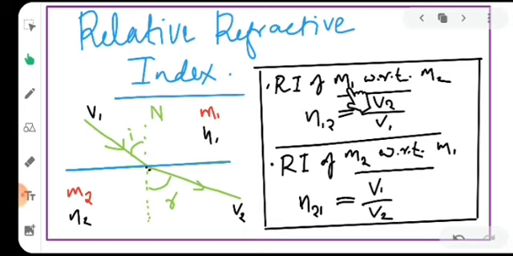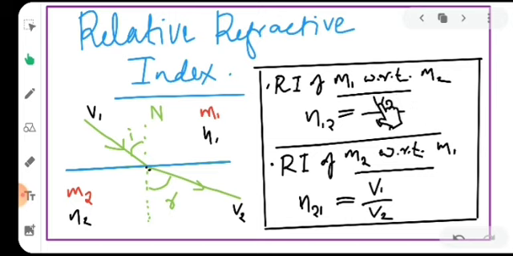Refractive index of material M1 with respect to material M2. This was a case which we have dealt with in the previous class. So the relative refractive index of material 1 with respect to material 2 goes by this ratio.